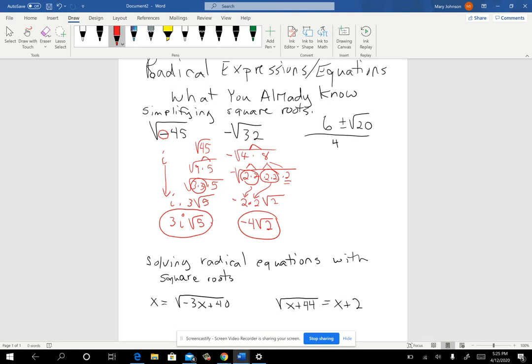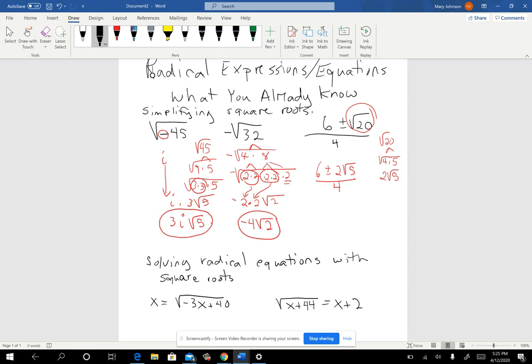All right, now when you plug into the quadratic formula, a lot of times you got expressions that look like this, the negative b plus or minus square root of b squared minus 4ac over 2 times a, and you'd get results like that. So you had to work out the square root of 20, figure out what that was going to be. So that turns out to be 2 square root of 5, and so now you have 6 plus or minus 2 square root of 5, all of that divided by 4.